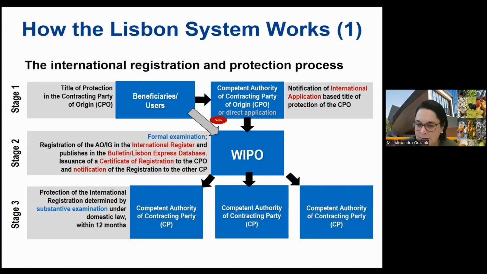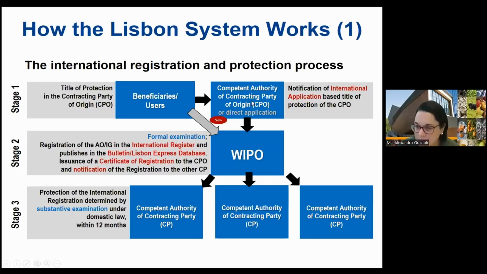If everything is well provided in the application, the International Bureau of WIPO registers the geographical indication in the International Registry, and we publish it and send it to the other members of the system. Since we have two versions of the agreement, as I showed you before, if the competent authority of the country of origin is only a member of the Geneva Act, we will send that registration to the other members of the Geneva Act.